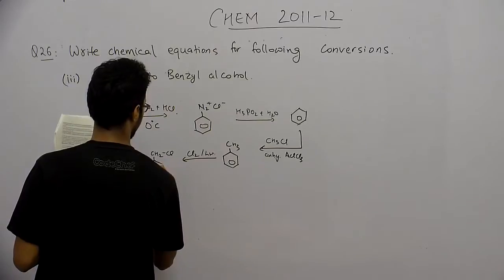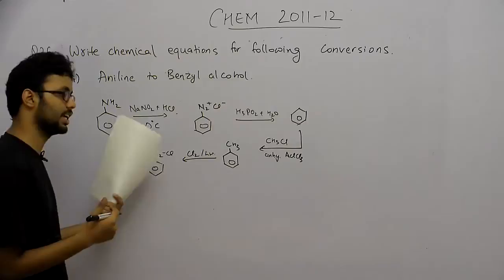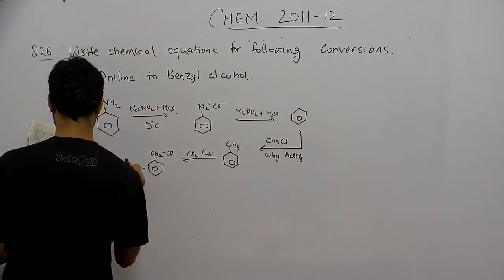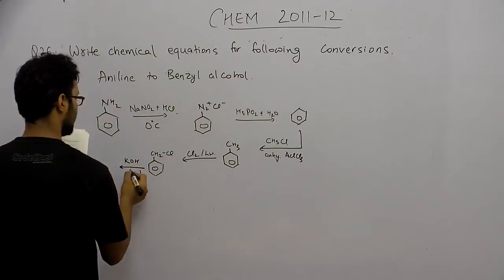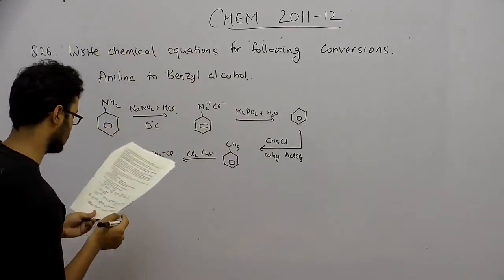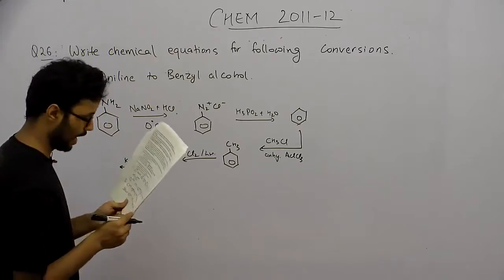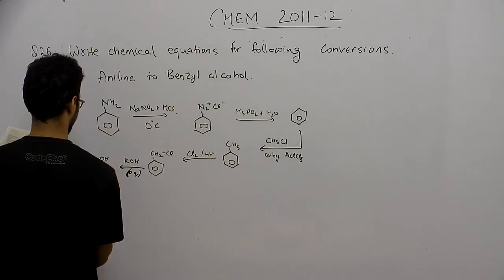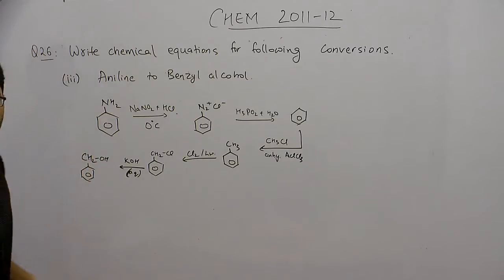It will form this via the free radical mechanism we already know, and finally we have to treat it with KOH, a very strong base in aqueous solution, and it will result in elimination of chlorine group and we will get an alcohol. So we have finally converted aniline to benzyl alcohol.